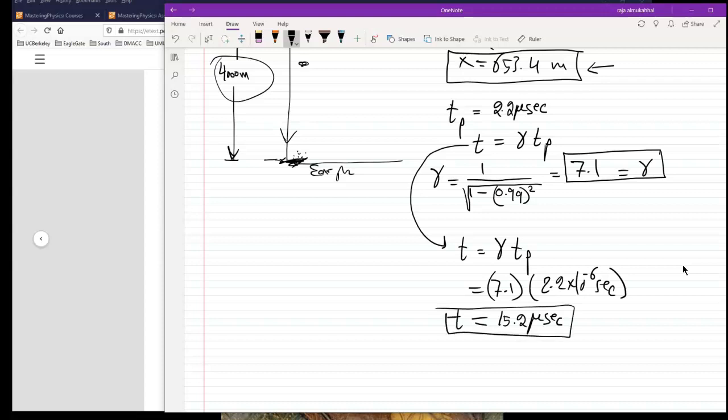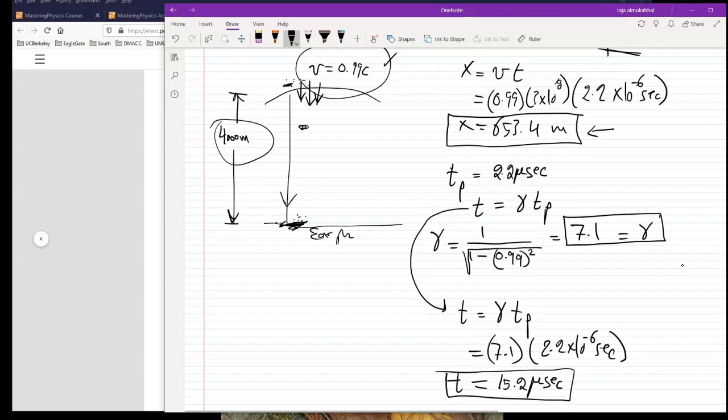Now let me calculate the distance traveled by the muon, just like I did here. Right there, see that? I want to do the same thing, but remember this t right here is proper. You see what I'm saying? But this is actually a wrong calculation because we didn't account for time dilation. So we have to take into consideration the time dilation factor.